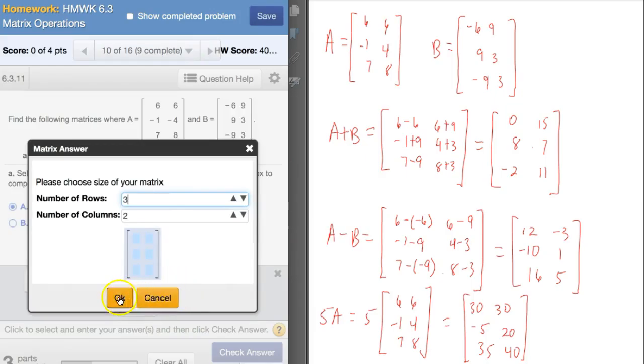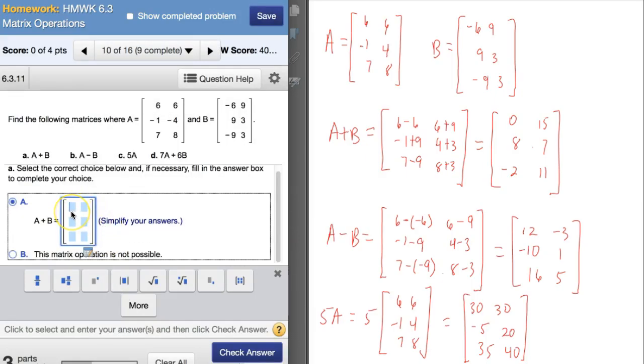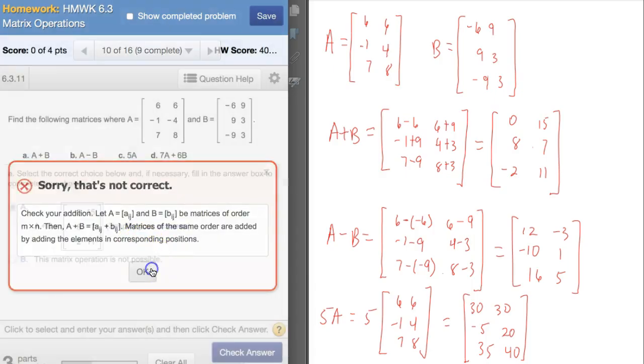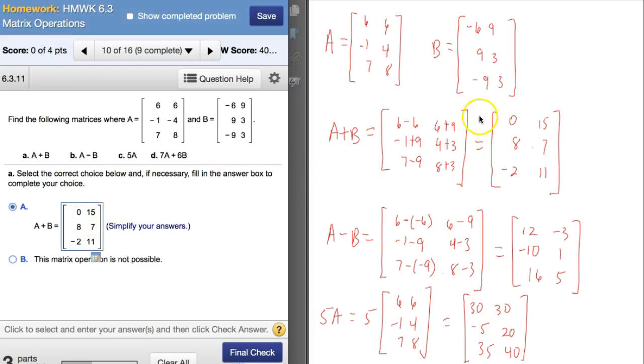So 3 by 2, and that needs to be 0, 15, 8, 7, -2, and 11. So we still got something going on here.